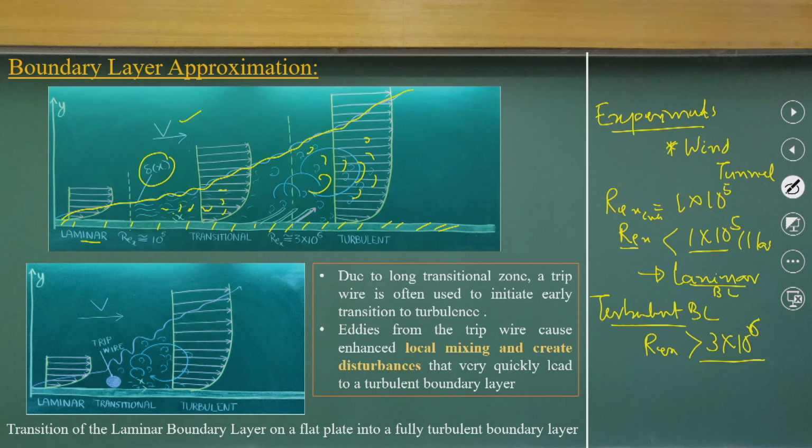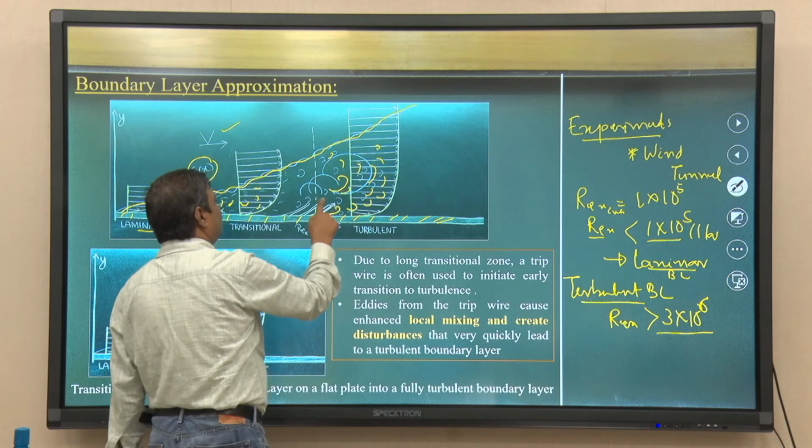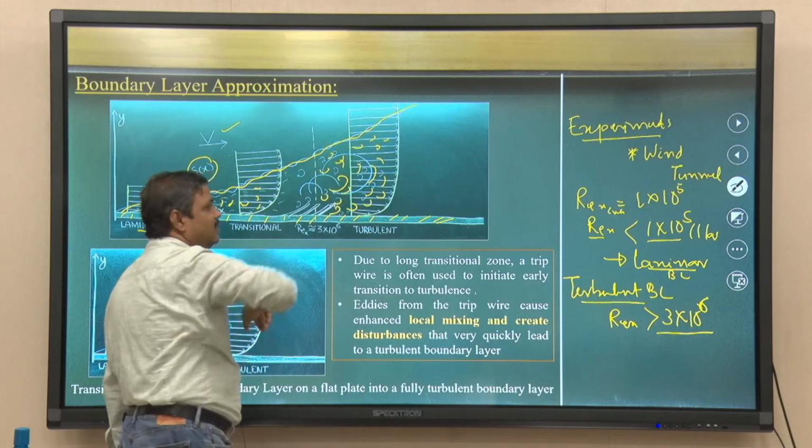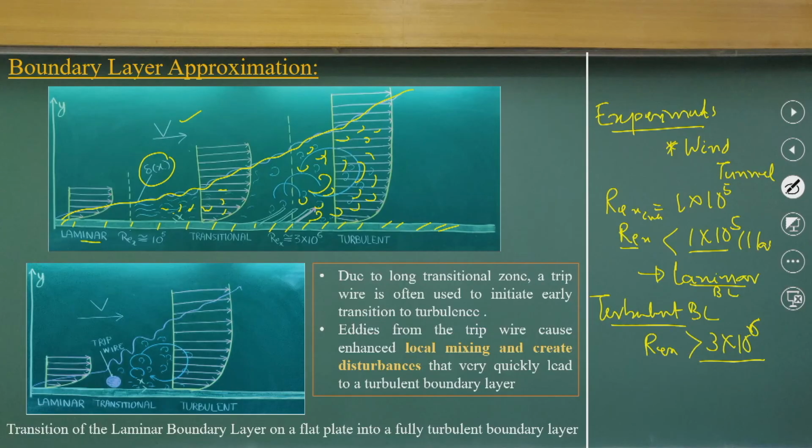If it is more than that, you will have turbulent boundary layers. Either these turbulent boundary layers we can solve using CFD solvers, or we have to work from experiment. Here we do not have any analytical solutions for this.